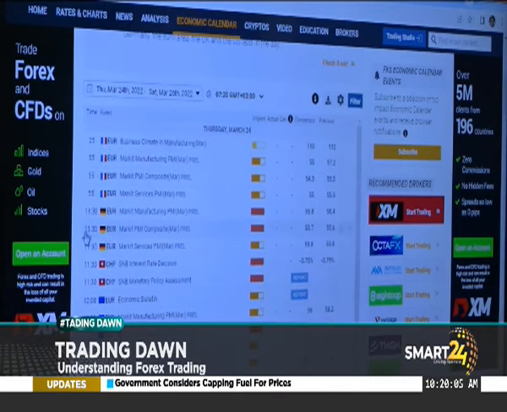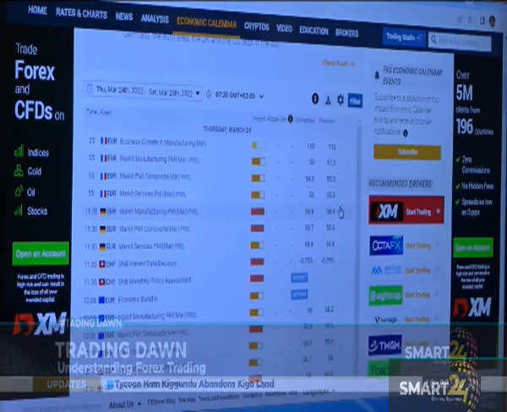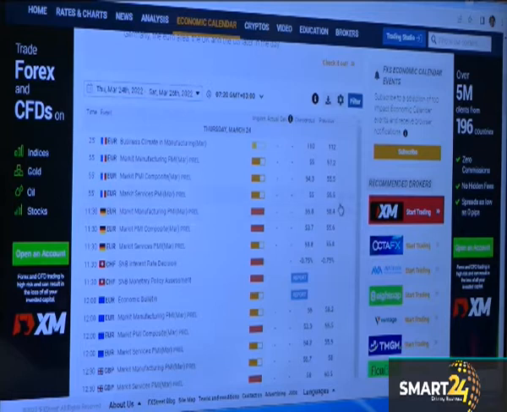In about 55 minutes, we're going to have some events. These ones are affecting France in Europe, so the affected currency is the euro. The first one is the Markit Manufacturing PMI.